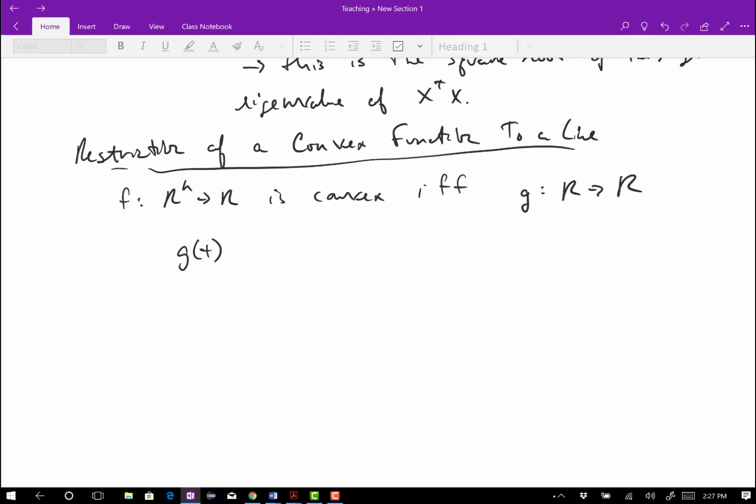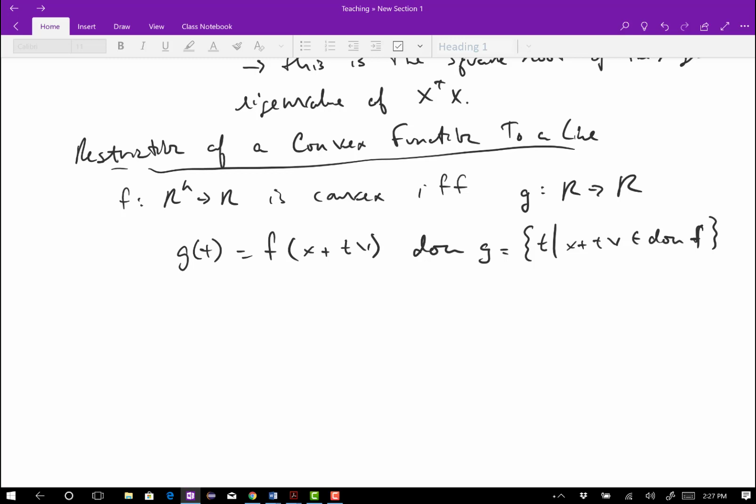The function g is equal to f of x plus tv, and the domain of g is t's such that x plus tv is in the domain of f.